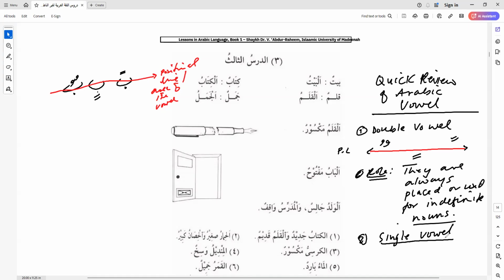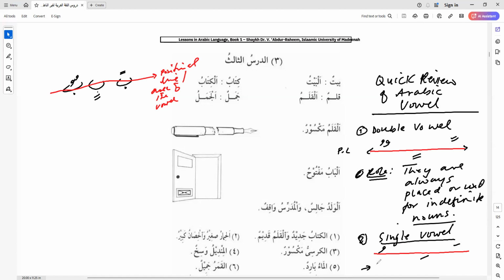The single vowel is the reduction of the double vowels. So the double fatha becomes one fatha, the double kasra becomes one kasra, and the double dhamma becomes one dhamma.